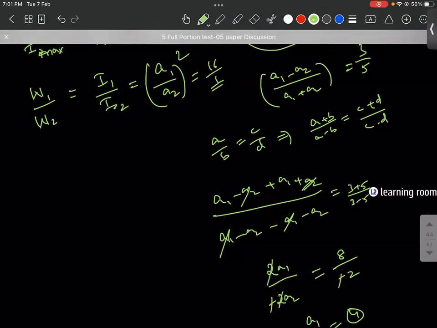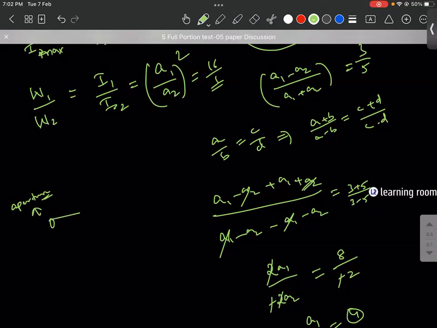That is the answer. Sir, can you check this? Since amplitude will be directly proportional to width, and intensity should be square of width, right? See, width is the opening, like an aperture.